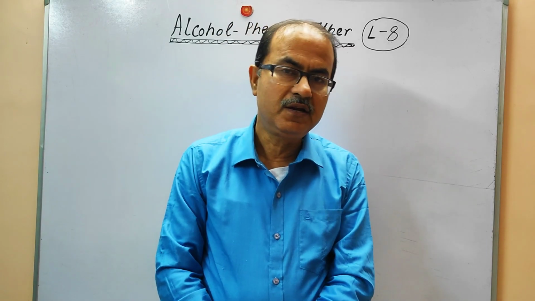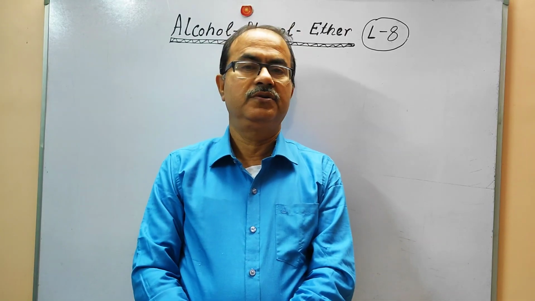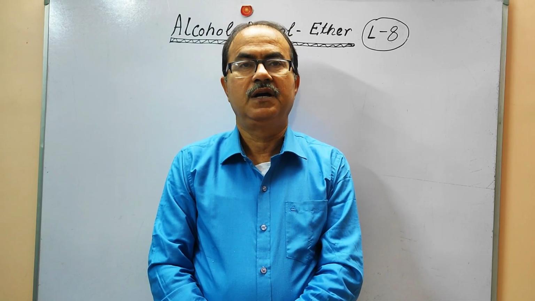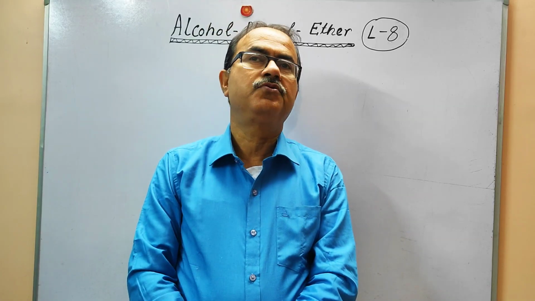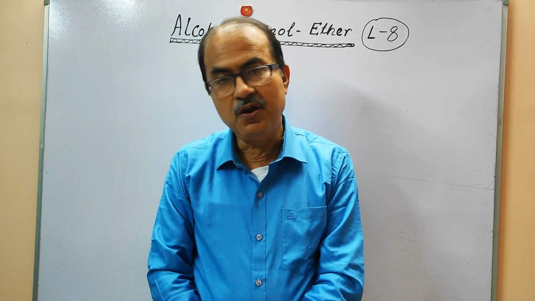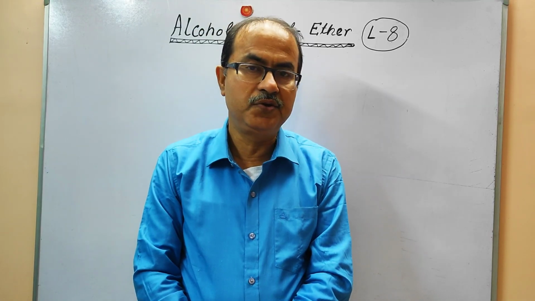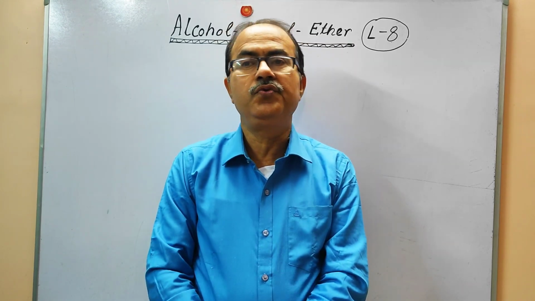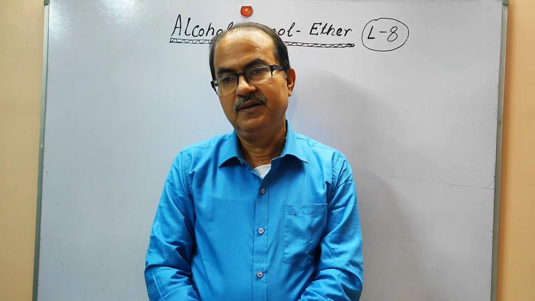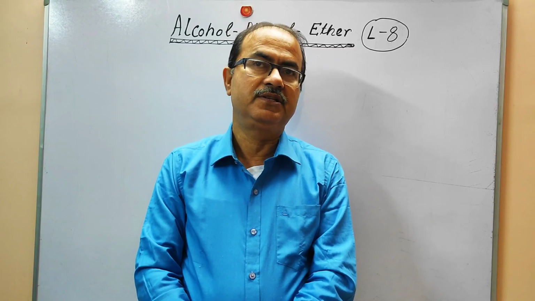In the 5th lecture, we discussed the identification of the alcohols. Suppose one sample of alcohol is given to you and you are asked to identify it. How will you identify it? We discussed that in detail.